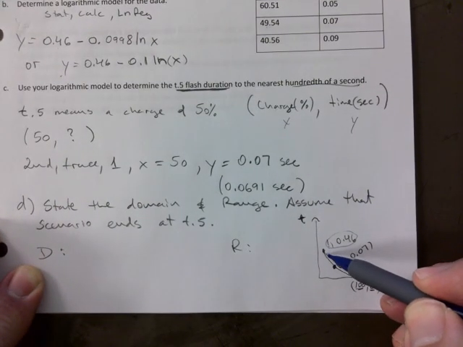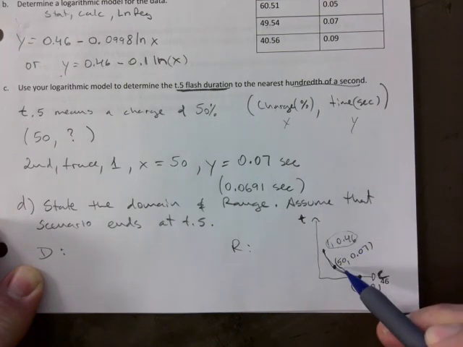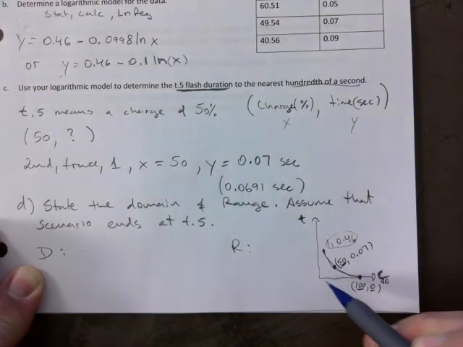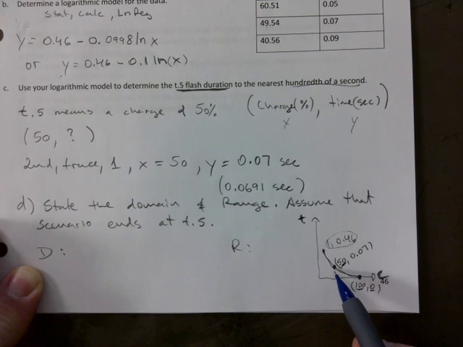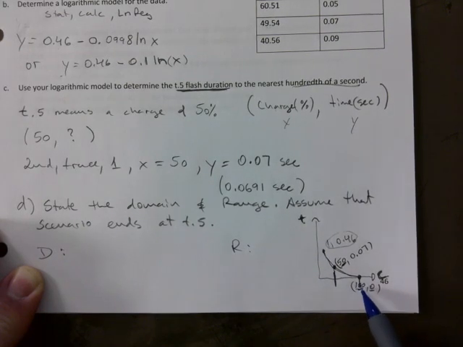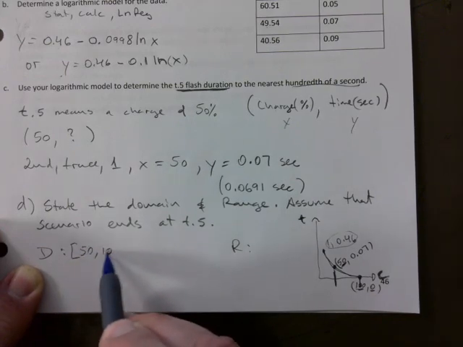And so I know that from there it's dropping like this. It's not really the most important. The most important is that at 50% charge, like if it's anything less than that, you can't see the person or the whatever you're taking a picture of, you can't see it anymore. So it really, the action goes from here to here. So domain is going to be a charge of 50 to 100.